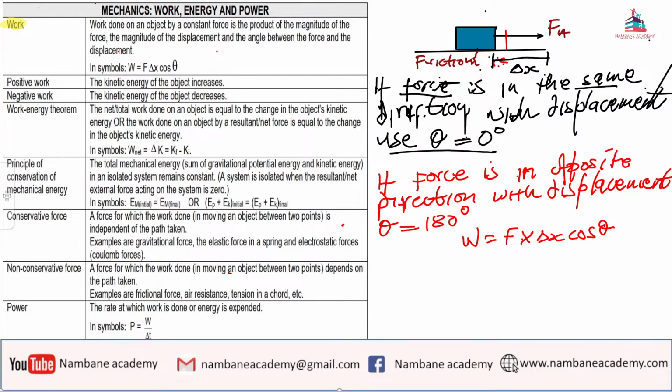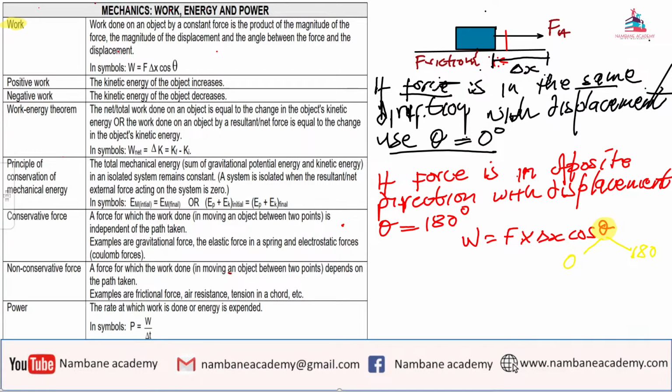But I want us to be cautious about one thing. For all the examples and problems that we are going to do, I want us to keep this theta to be only between 0 and 180. That will assist us in not confusing the angles that will be given.